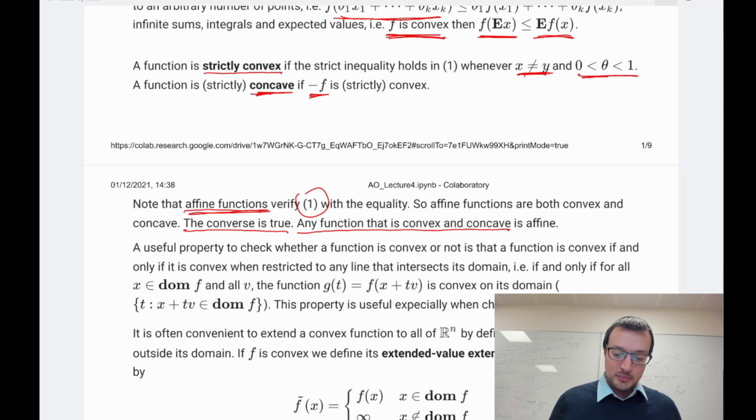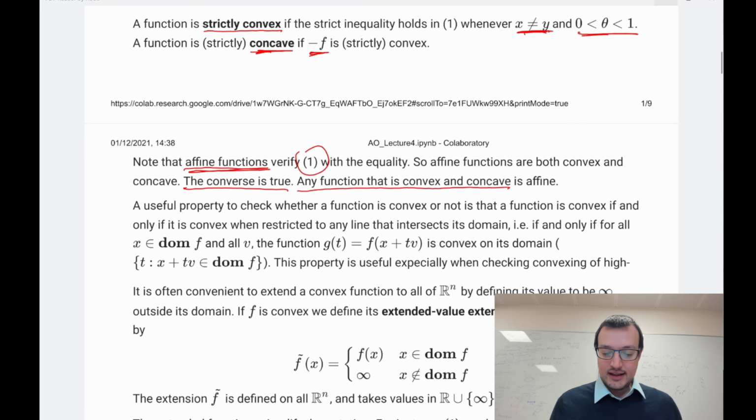A very useful property of convexity: let's consider now that you are in high dimension, and you want to understand if a function is convex or not. You cannot really look at the shape. If you are in five dimensions, you cannot represent it.